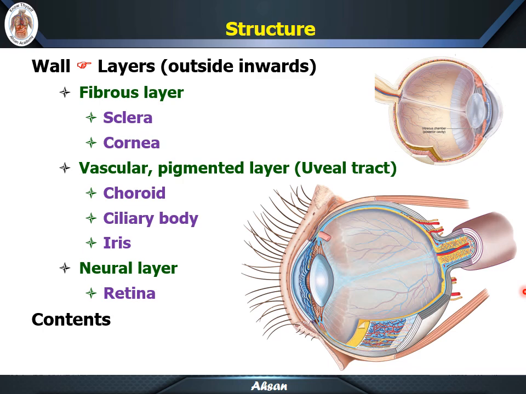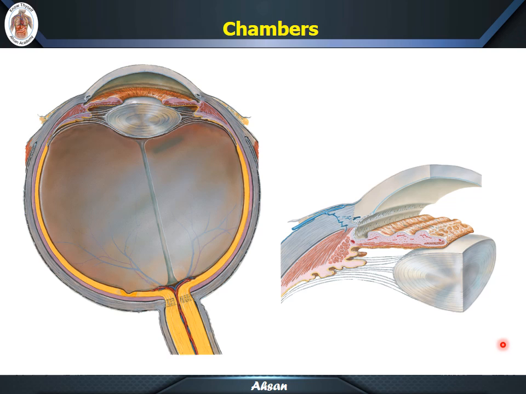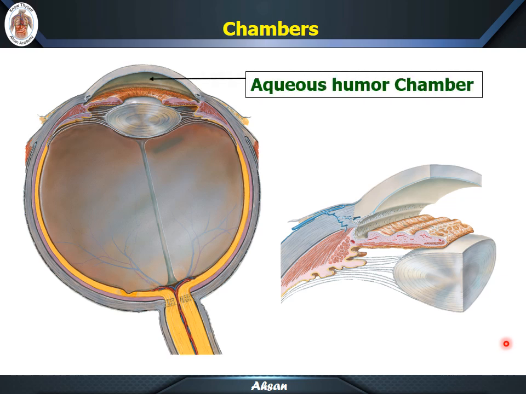Now let us go for the contents present within the eyeball. Inside the eyeball there are fluid materials as well as the lens and relatively semi-solid materials. The inside area is divided into the anterior chamber and the posterior chamber by the lens and ligaments attached to the periphery of the lens.